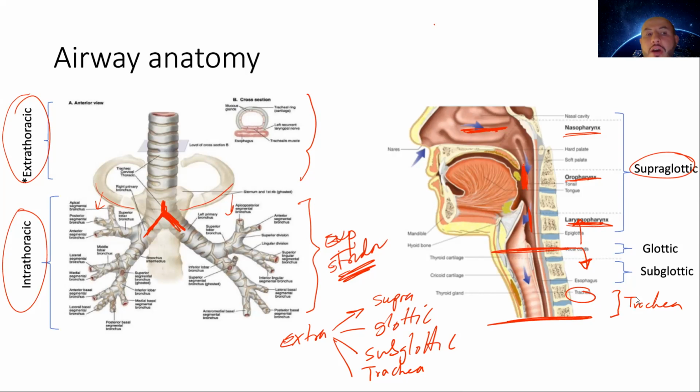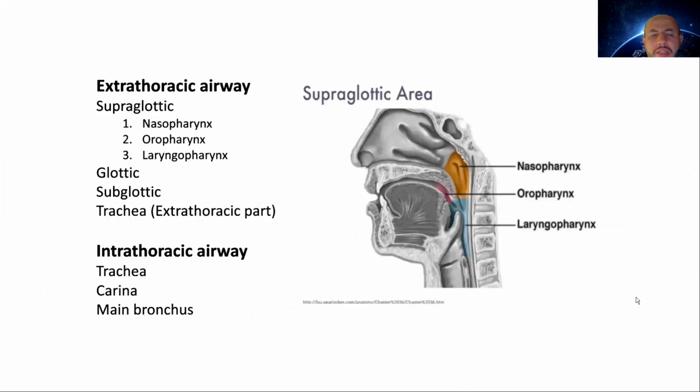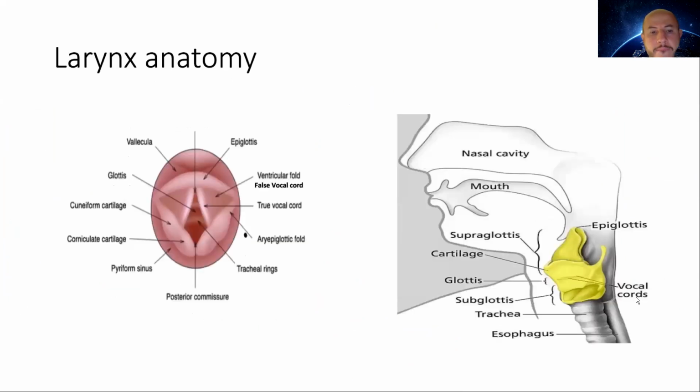When we say obstruction at the extrathoracic level, it could be anywhere: supraglottic, glottic at the vocal cord, subglottic, or the extrathoracic tracheal part. Is that clear? Okay, very good. That's a summary of what we discussed, so you can pause and read it.